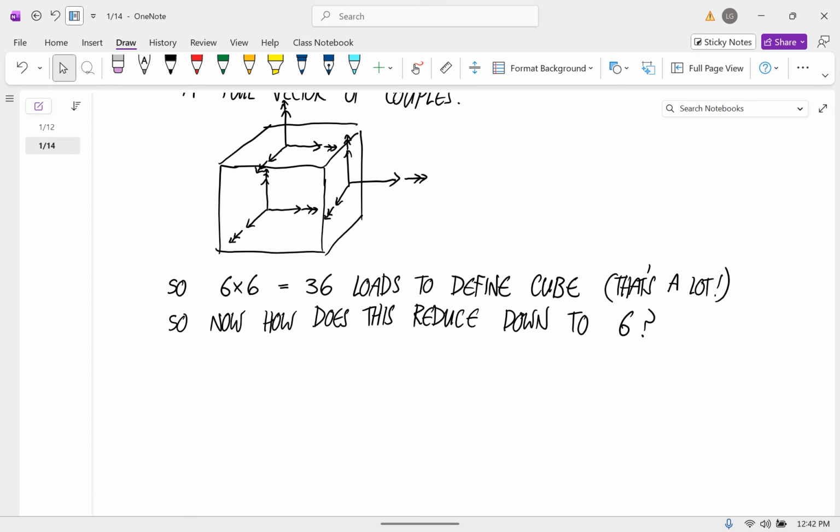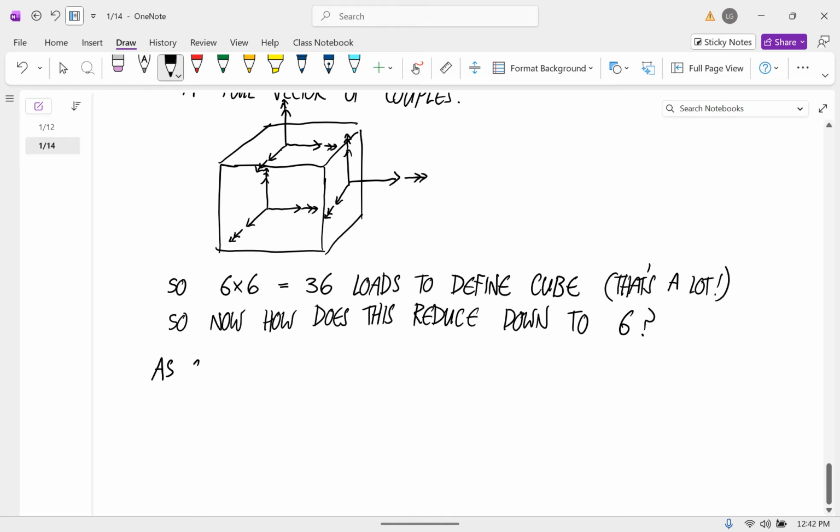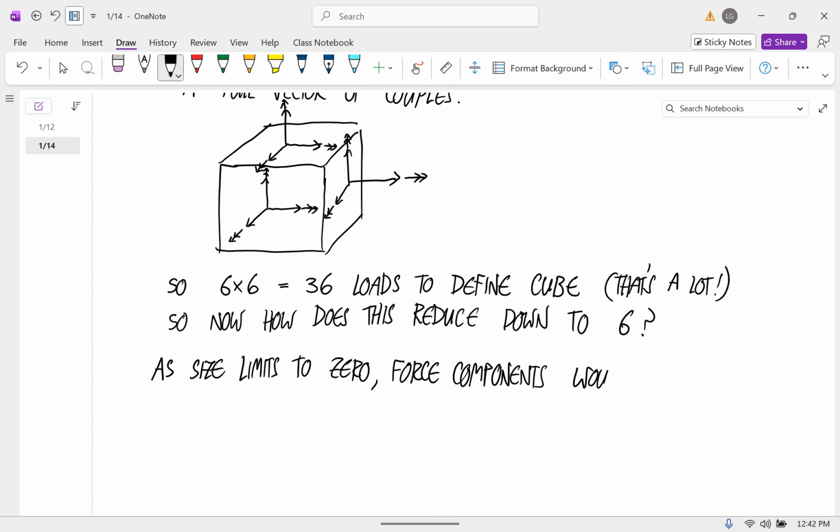This isn't going to reduce the number of anything, but as the size limits to 0, the force components would go to 0. So that's not helpful. We would just end up with this stress tensor where all the values are 0. It doesn't tell us anything.